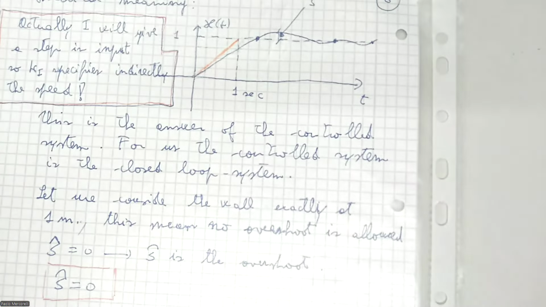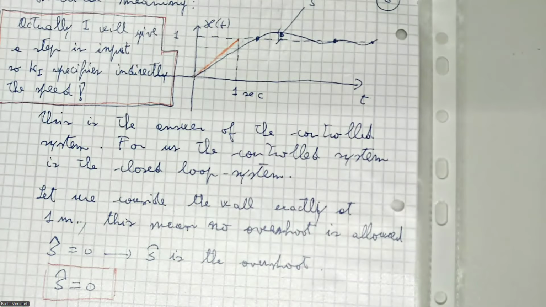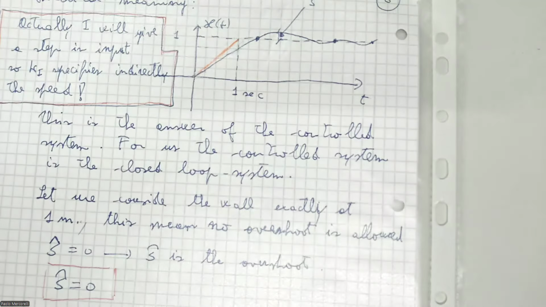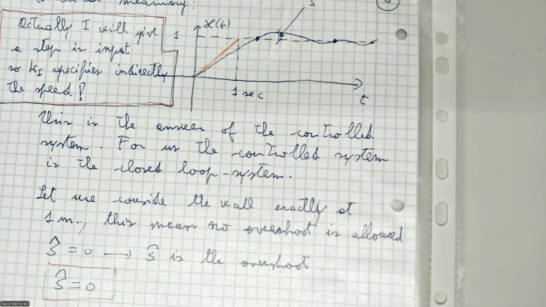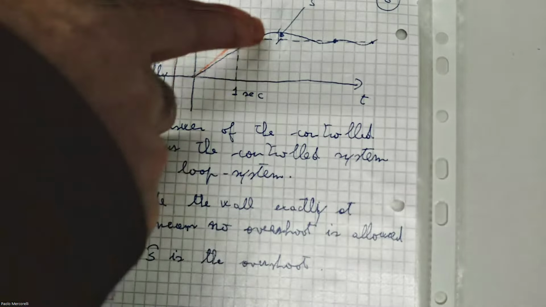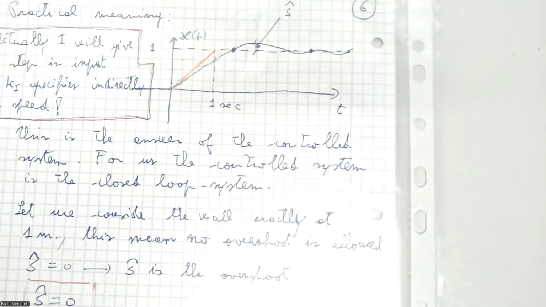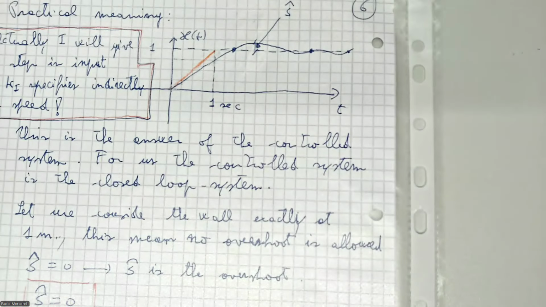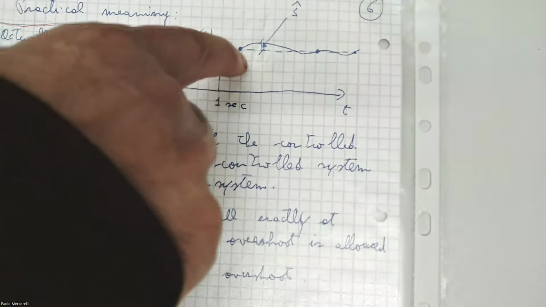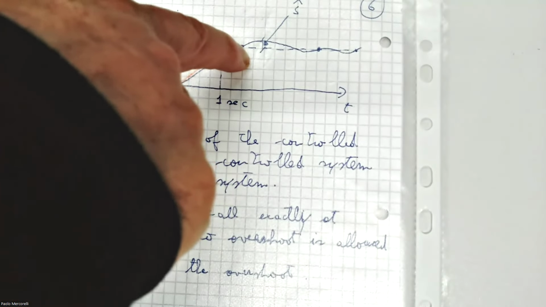I mean, Ki is responsible for the velocity in any case. But really, I apply the step. This means the system will approximate the step, but the risk is, with not appropriate Ki, that I will overcome this limit.